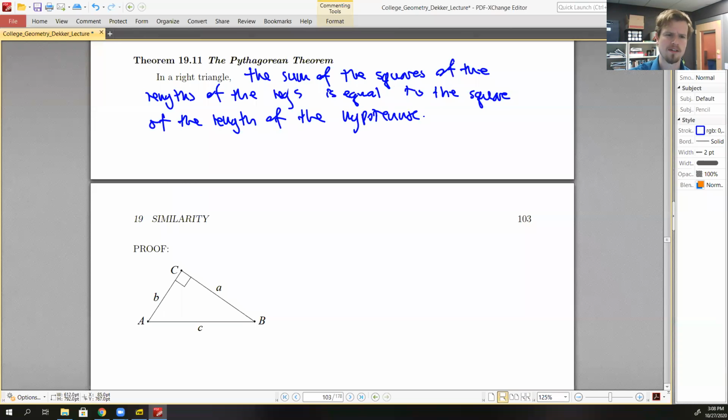That is, if we have a triangle with side lengths A, B, and C, A squared plus B squared is equal to C squared.